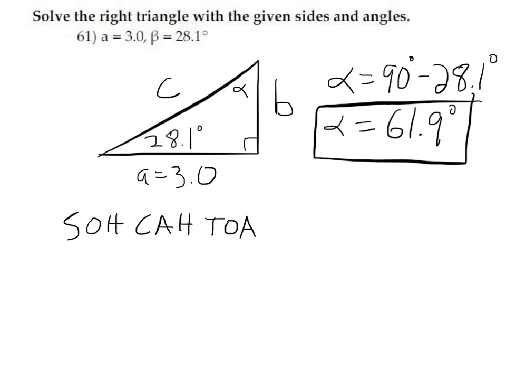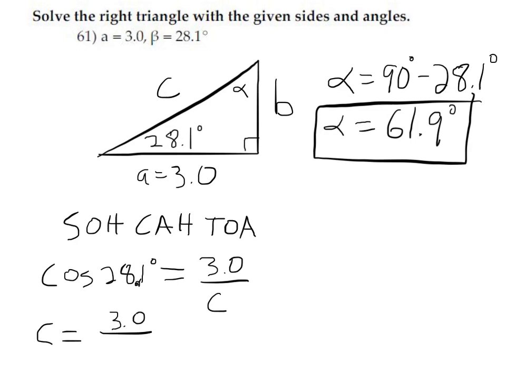So starting off with cosine. Cosine of beta, 28.1, the one that was given to us. That would be adjacent, 3.0, over hypotenuse, C. Now, solving for C, you get C equals 3.0 divided by cosine of 28.1.